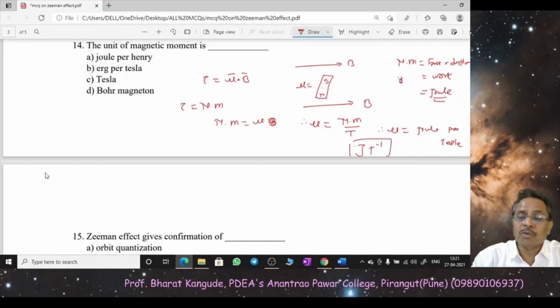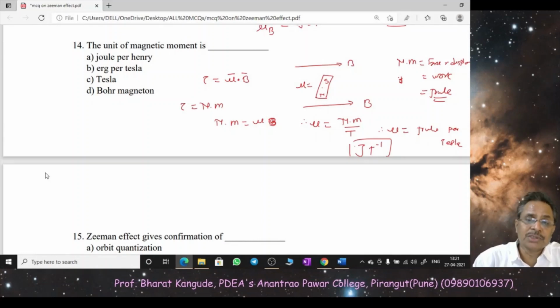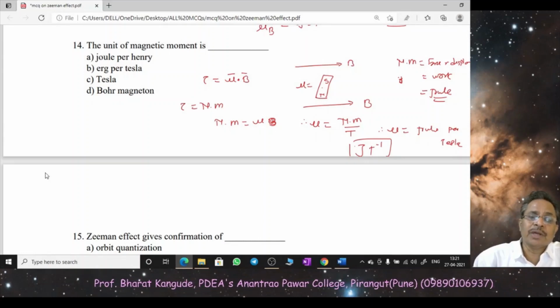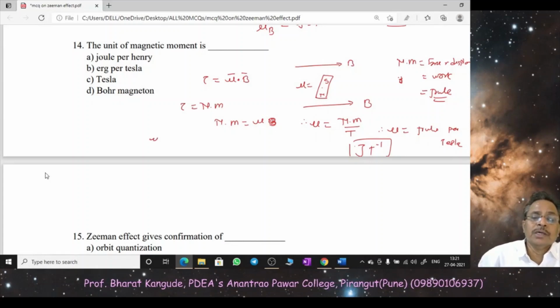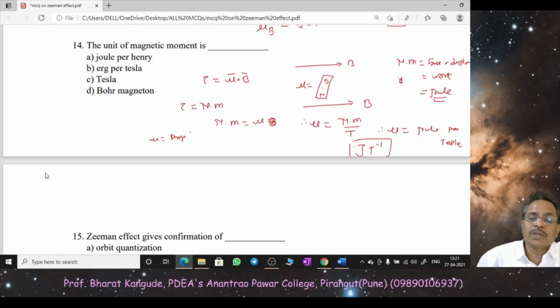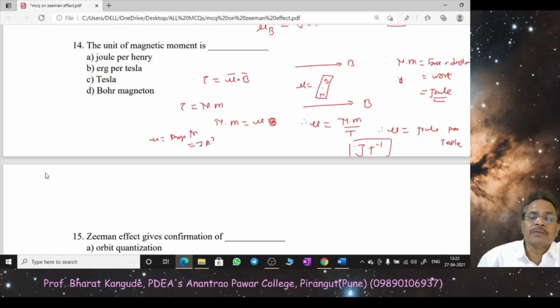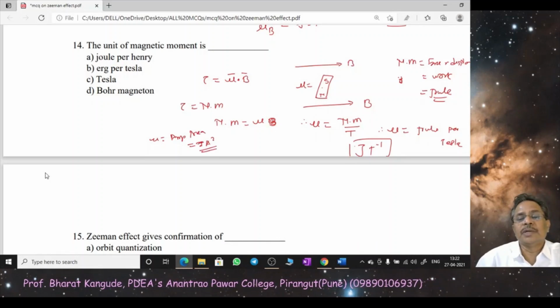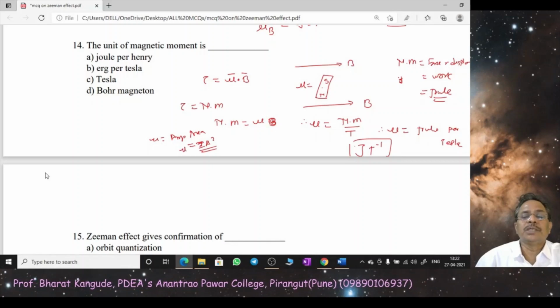So magnetic moment is expressed in a number of different units. Current into area, that is I into A, or ampere into area, that is also another unit used in the measurement of the magnetic moment.